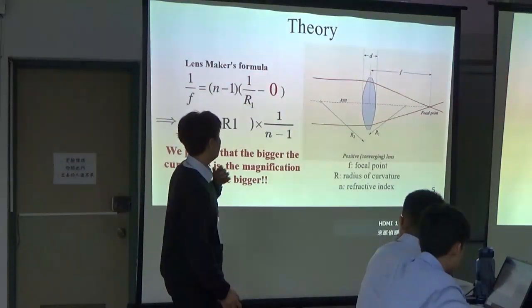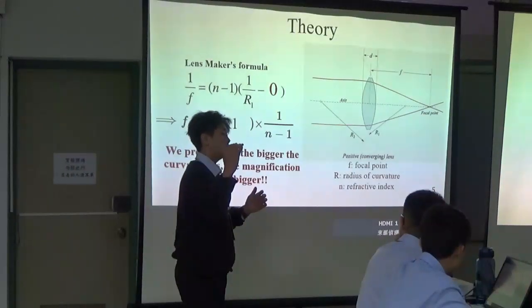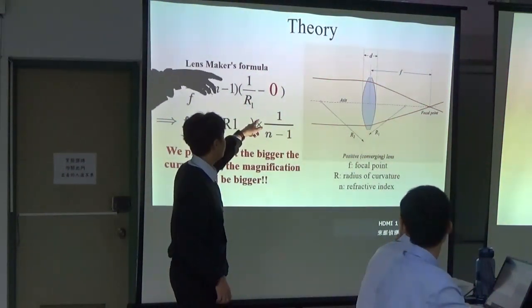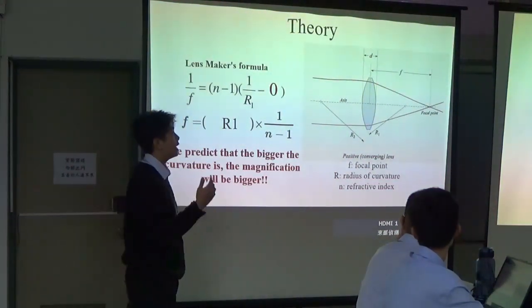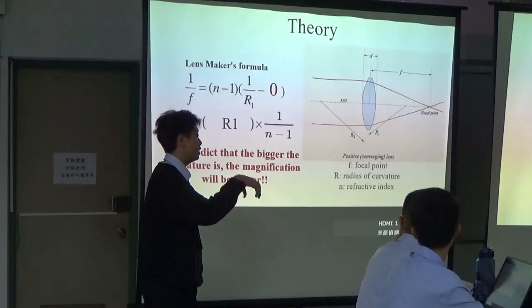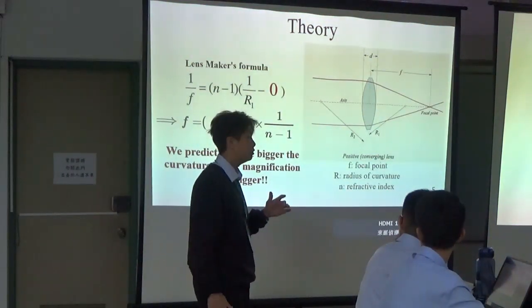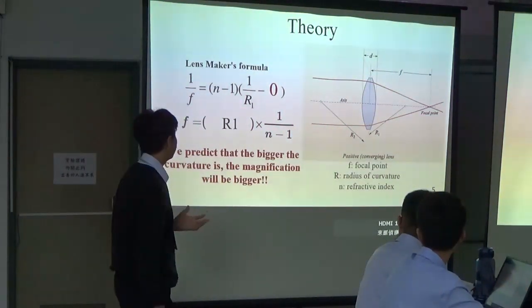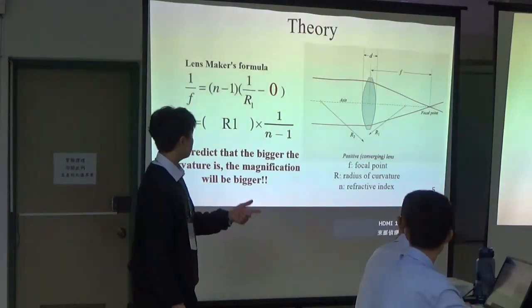R1 means the shape of the top spherical surface of my droplet, and R2 means the surface of the glass. In my experiment, we drop the droplet on the glass, so the curvature of R2 will be 0. We predict that the bigger the curvature is, the bigger the magnification will be.